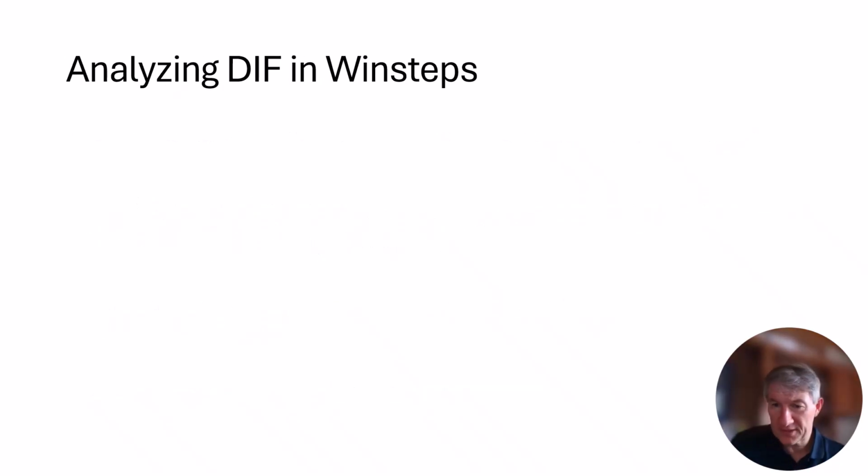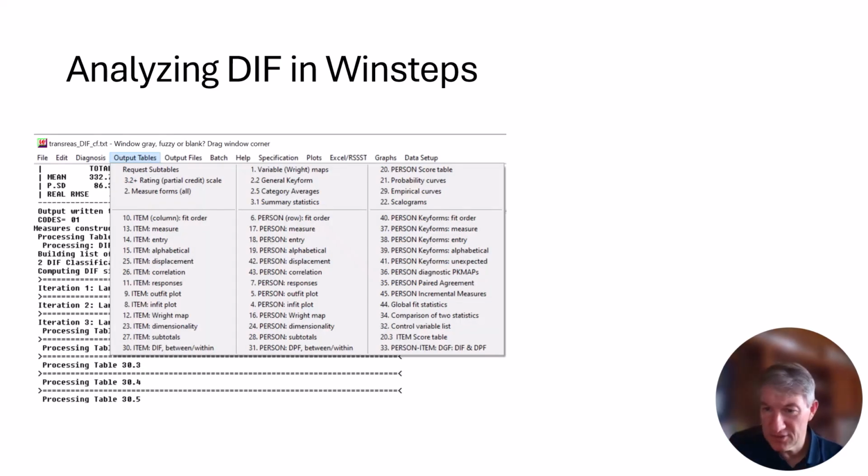Once you have opened up the control file and pressed enter to begin the analysis, you're ready to produce an output table that will tell us a little bit about DIF. So notice that if you click on Output Tables, one of the options there, Output Table 30, is Item DIF, between, within.